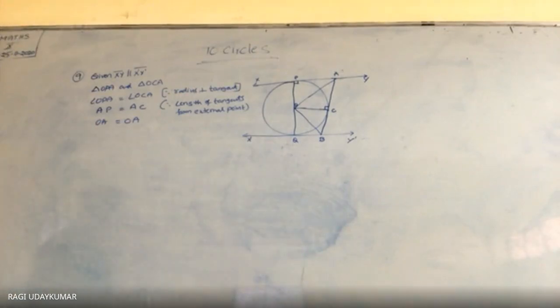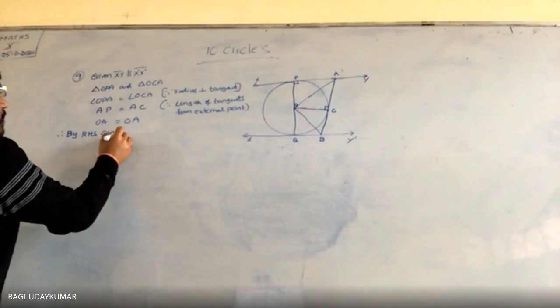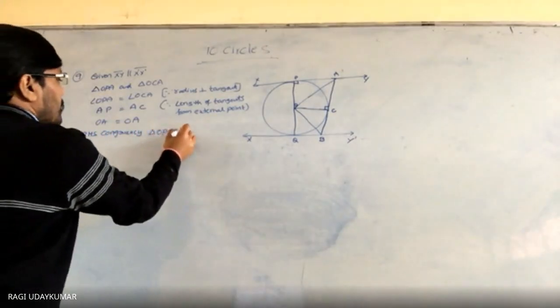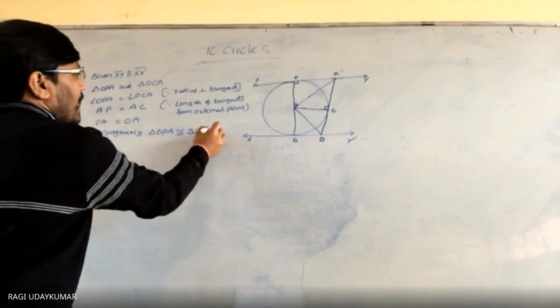Now here you can say by what congruency these two triangles are congruent? RHS congruency. Therefore, by RHS congruency, you can say that triangle OPA is congruent to triangle OCA.